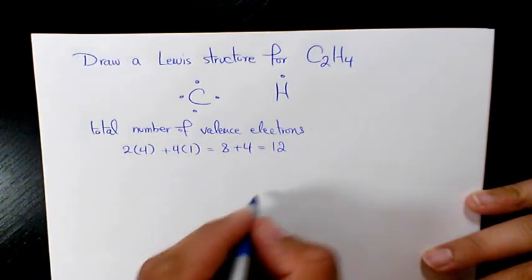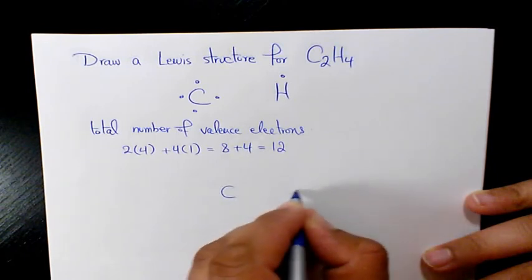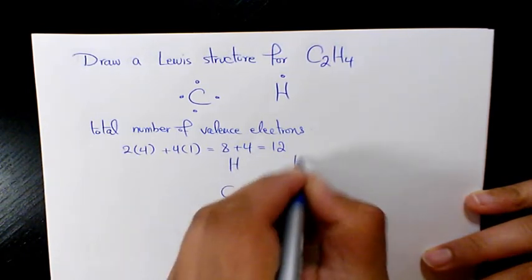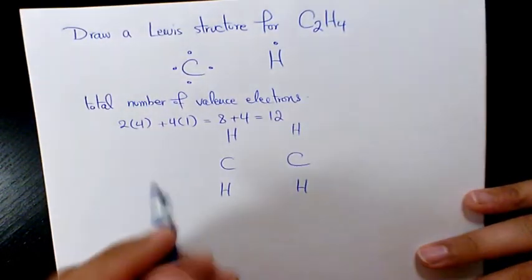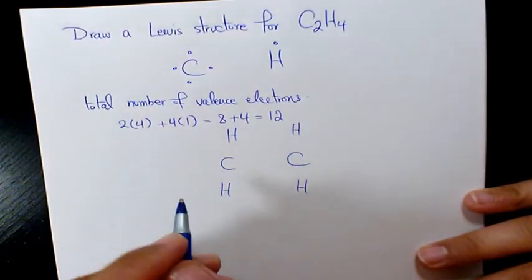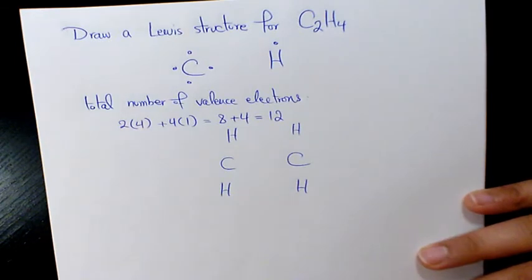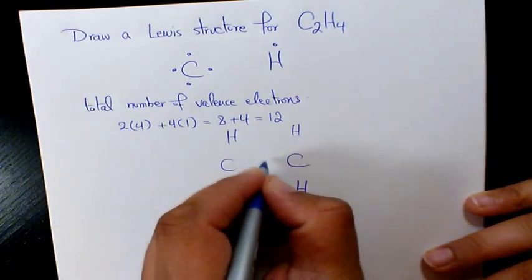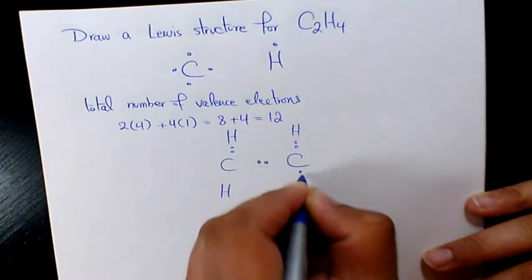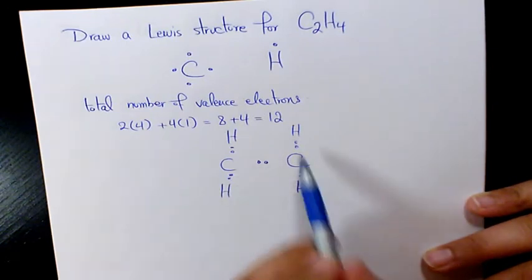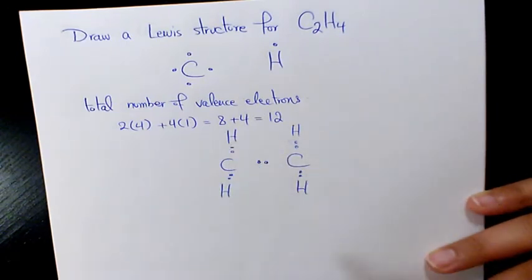So what we can do, we can have C, C, and 4 hydrogens, and we need to place 1 pair of electrons between each adjacent pair of atoms, and every 2 of these dots represents a bonding electron pair that forms a single covalent bond. 1, 2, 1, 2, 1, 2, 1, 2, 1, 2. 1, 2, 3, 4, 5 times 2 is 10.